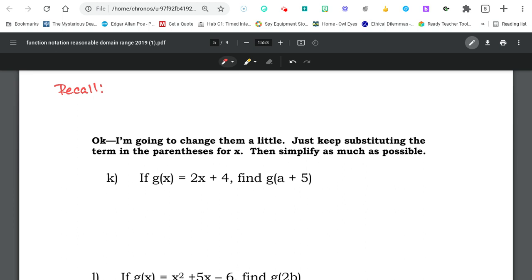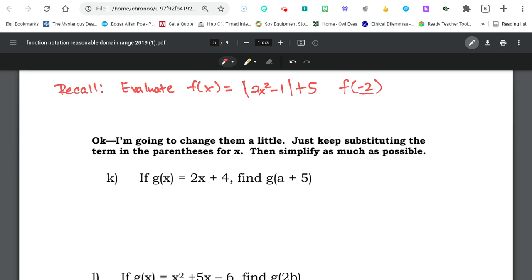So if I told you to evaluate f of x equals the absolute value of 2x squared minus 1, plus 5, for f of negative 2, then all you would do is look in your parentheses here.